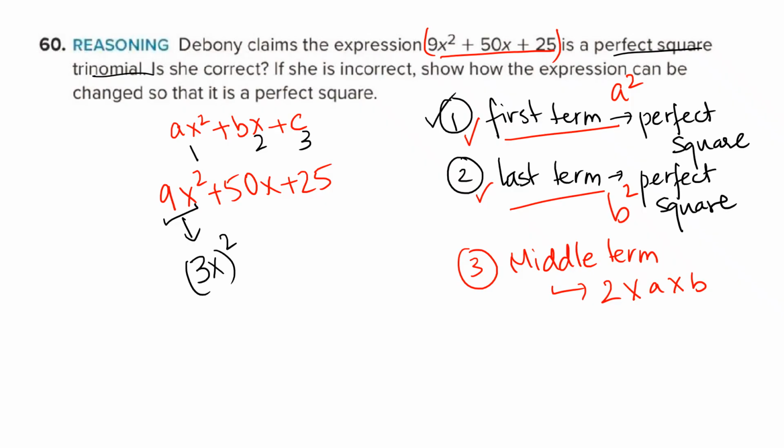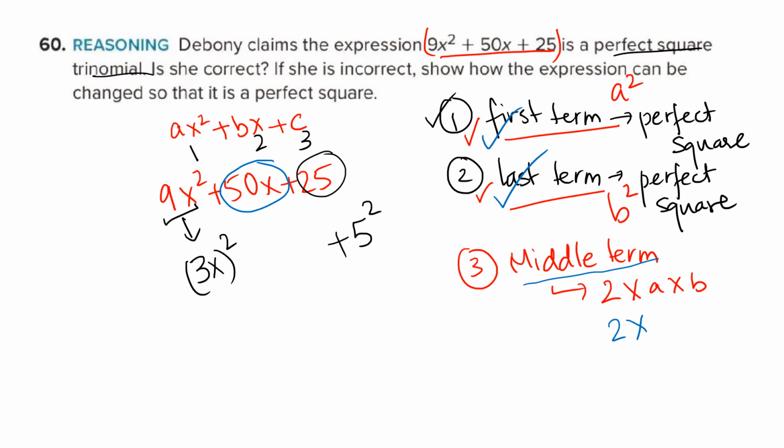Let's look at the last term. The last term is 25. Again, it is the square of 5. It's a perfect square. So if you see carefully, the first condition and the condition for the last term are true. Now let's look at the middle term which we get after the multiplication. Here the middle term is 50x, and as per the rule, the middle term should be 2 multiplied with the square root of the first term.